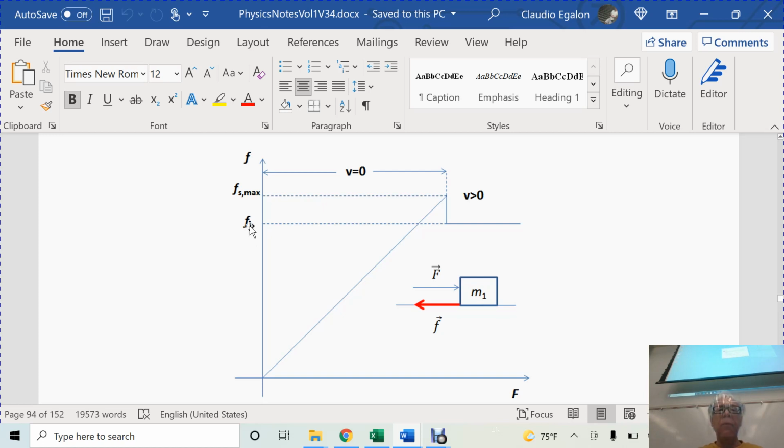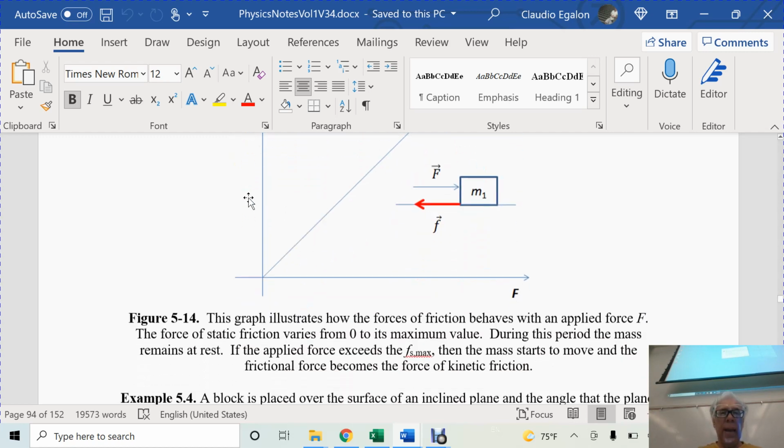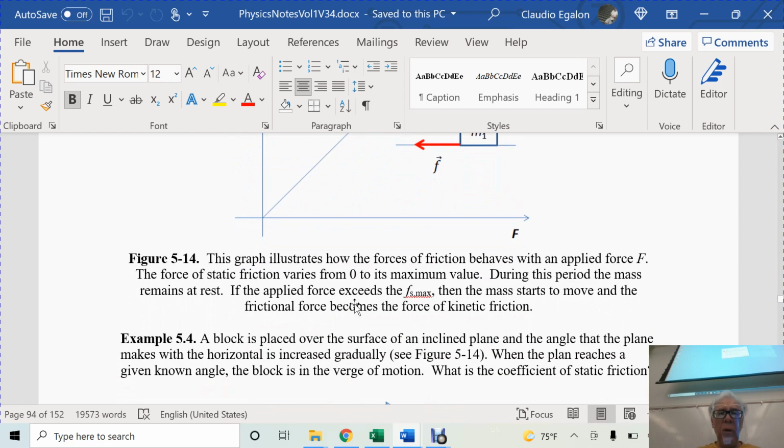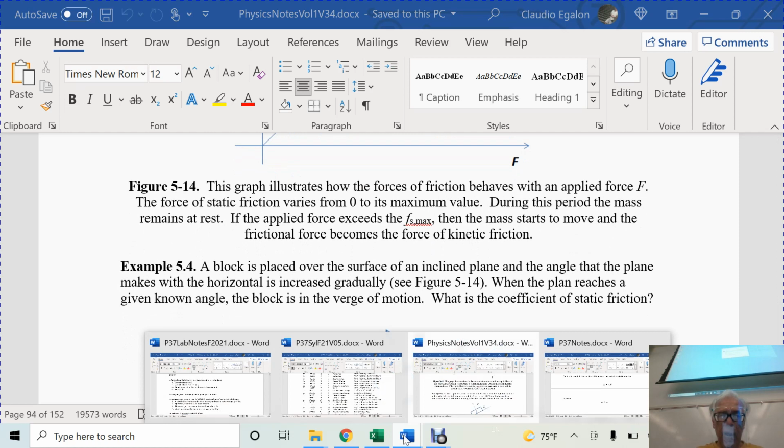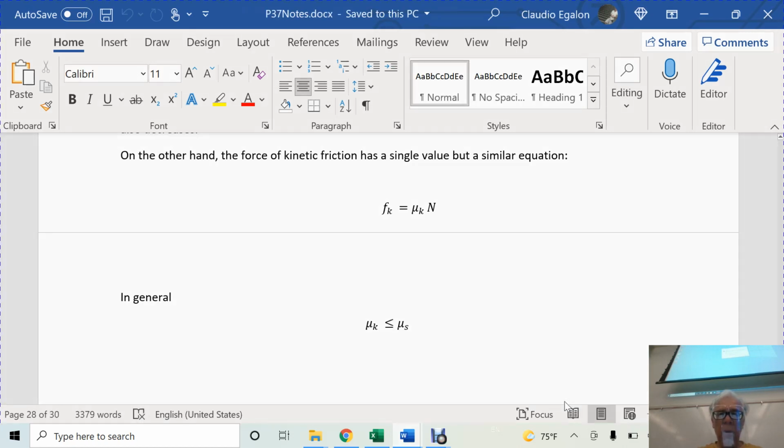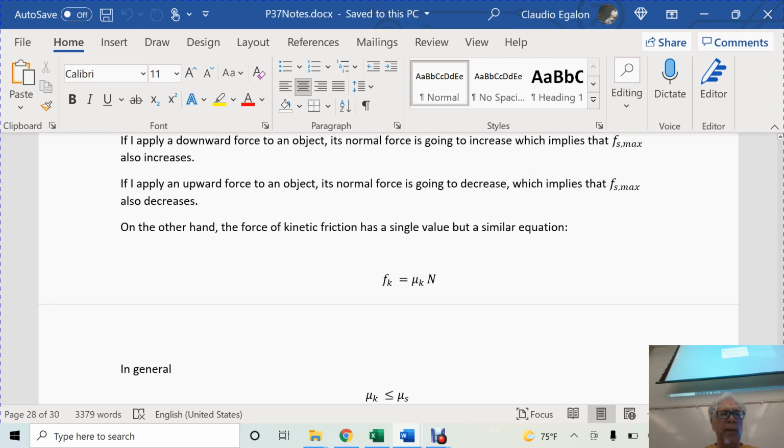In general, the force of kinetic friction is less than the maximum value of the force of static friction. It may be equal to. And there is a relationship that you have to know for those forces. Both the force of kinetic friction and the maximum value of the force of static friction depend on the normal force being applied to the object.